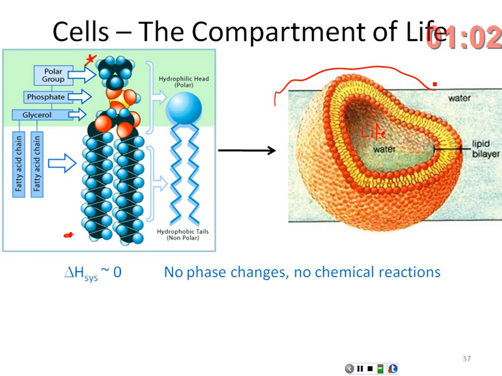Now, if we look at this process from going to single lipid molecules to a bilayer, what would the delta H be for this transition? Well, there's no real phase change. There's no chemical reaction. So the enthalpy of this transition would be approximately 0.